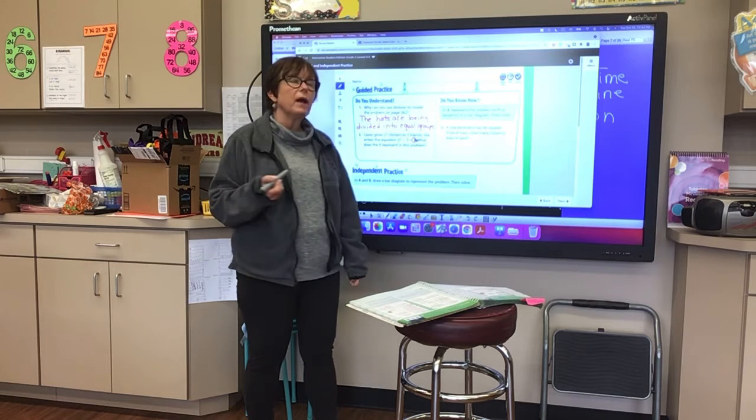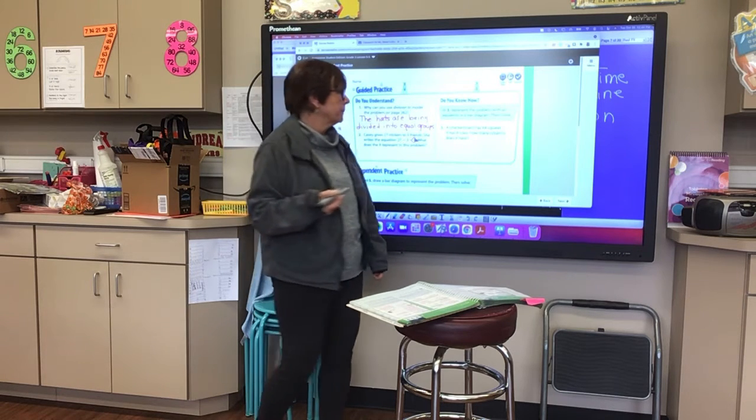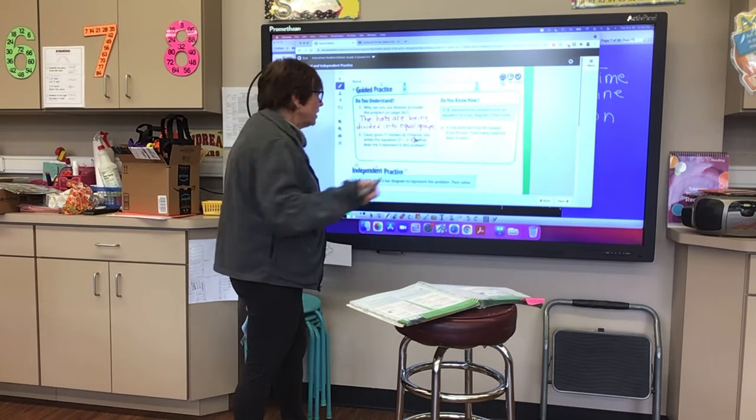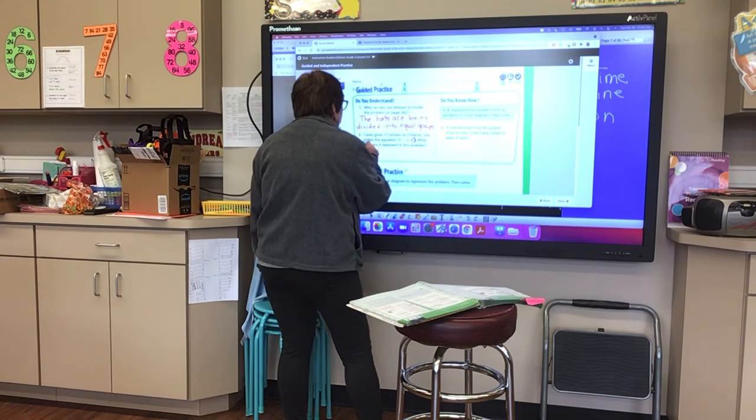It is the quotient, and what else does it represent? Sophia? How many stickers she's giving to each friend? Very good. So the 9 is the quotient.